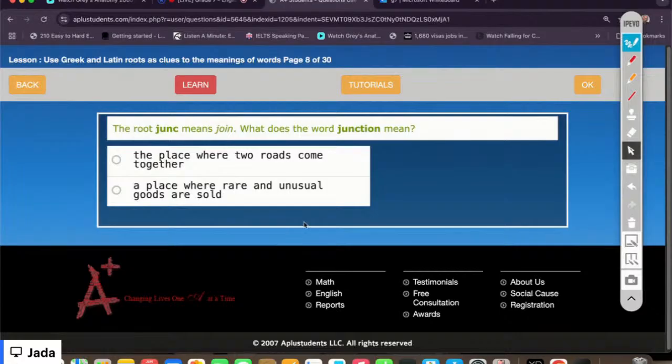The root junct means join. What does the word junction mean? The place where two roads come together, or a place where rare and unusual goods are sold.